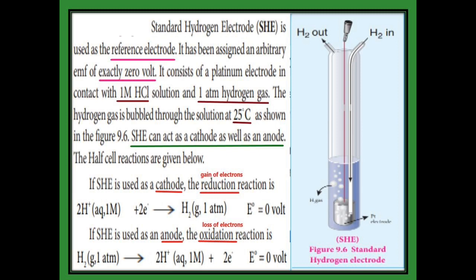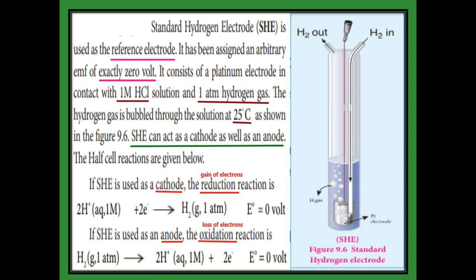Suppose it acts as a cathode. In the cathode, what type of reaction undergoes? Reduction. What is reduction? Gain of electrons. How can you write hydrogen? Hydrogen H2. In H2, how many atoms are there? 2 atoms. So 2 atoms together form a hydrogen molecule. Before that, in solution it has H plus ions. One H plus ion needs one electron.